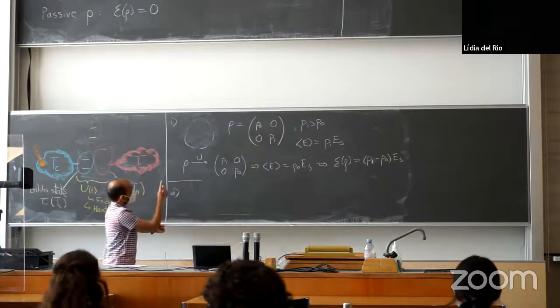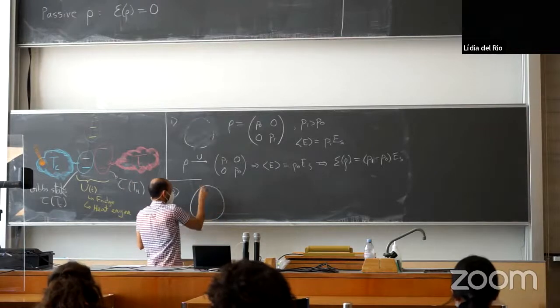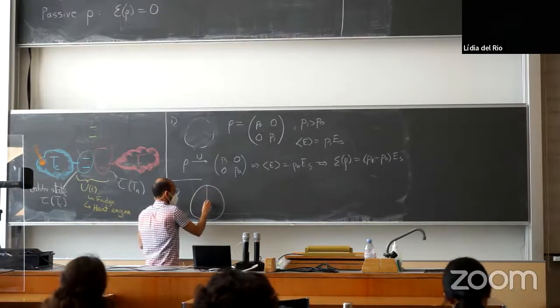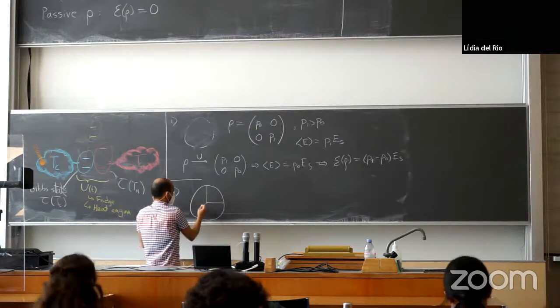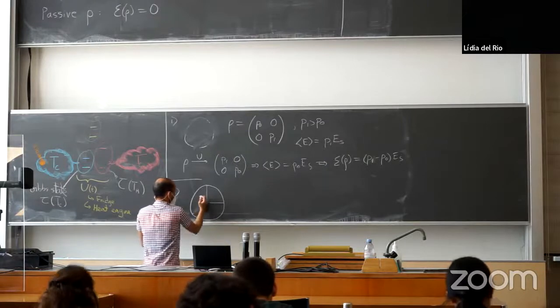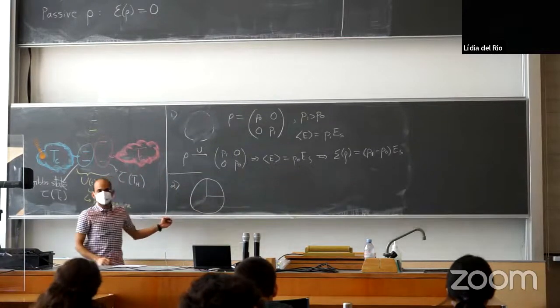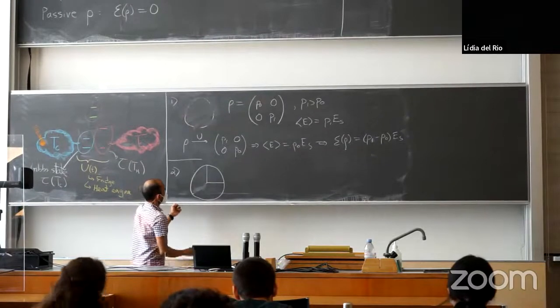For the second case, when rho has coherences, for that I was going to use the Bloch sphere. I'm going to try to just do this in the XZ plane because I'm not extremely adept at three-dimensional representations.